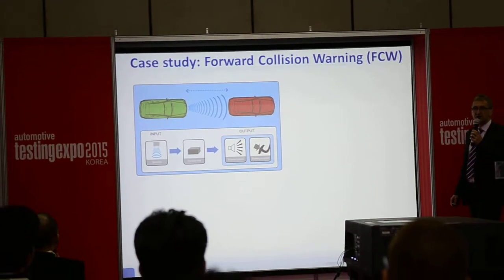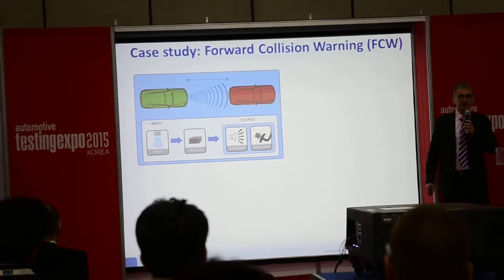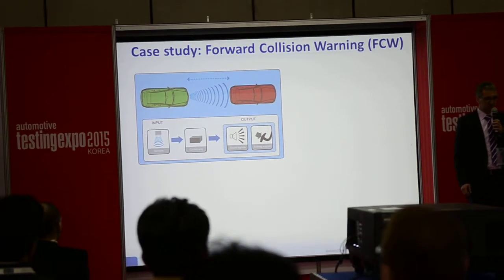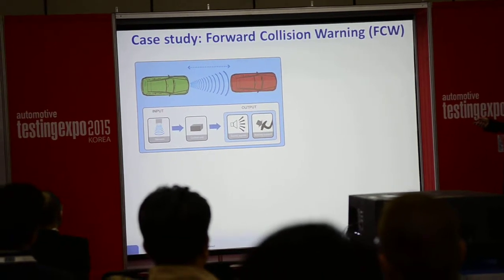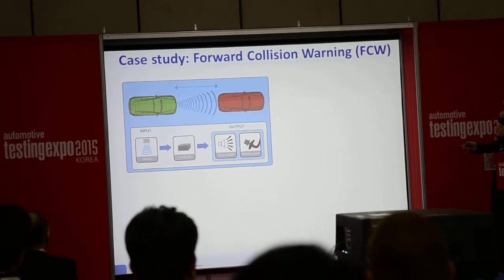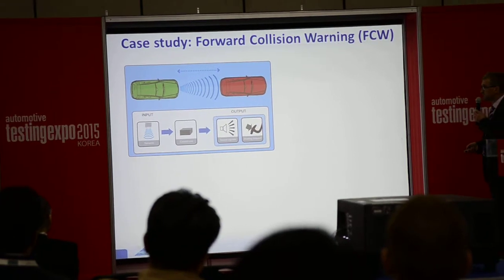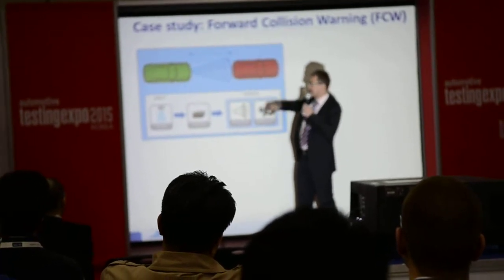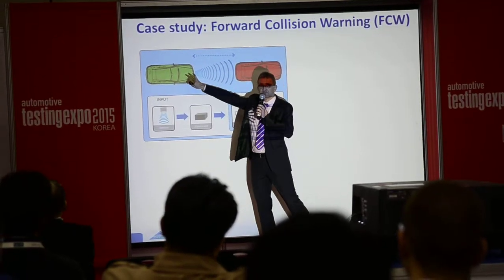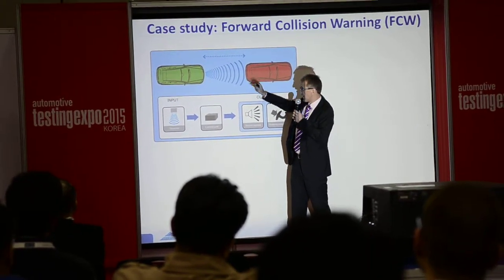So now I want to do a case study and explain a little bit more about the FCW and the AEB. So first, the FCW, which is the forward collision warning. What is the idea of the FCW? This is pretty simple. Basically, this is our car that we want to test. This is some other car, and the idea is let's have some sensors in this car and monitor the preceding car.